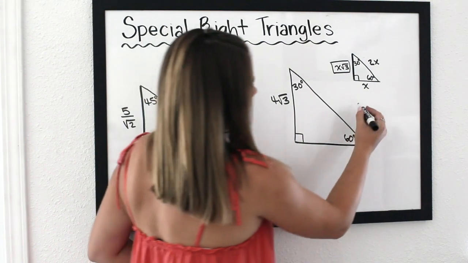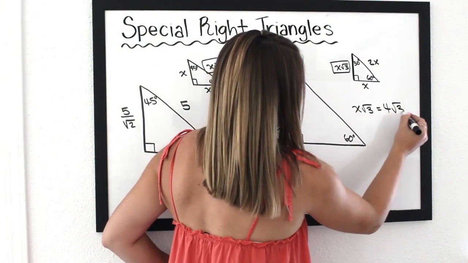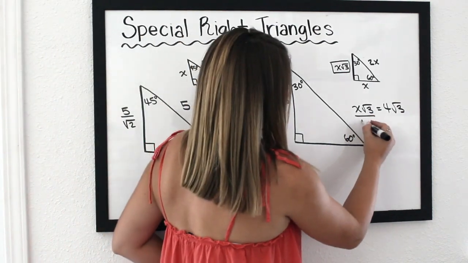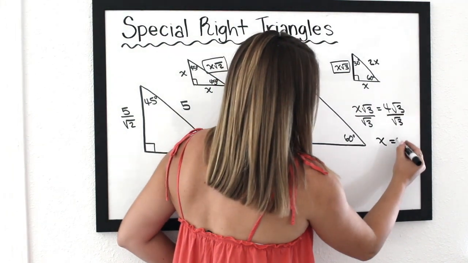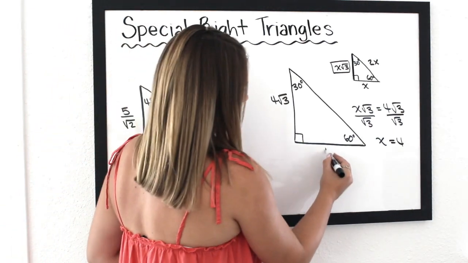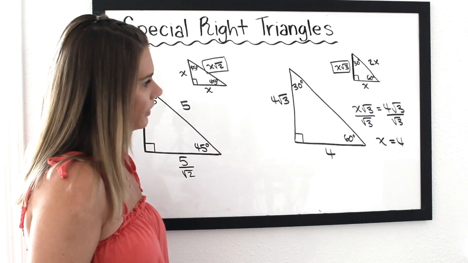Okay, so x root 3 is equal to 4 root 3. To get that x by itself, I need to divide both sides by root 3. So x equals 4. That means my side right here equals 4 units, the one opposite of 30. Okay?